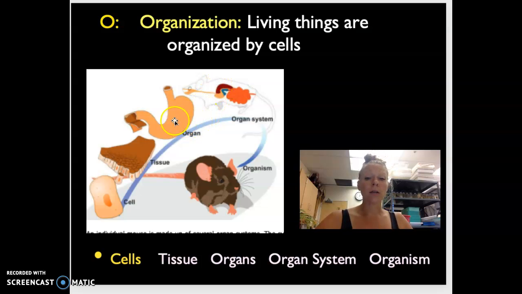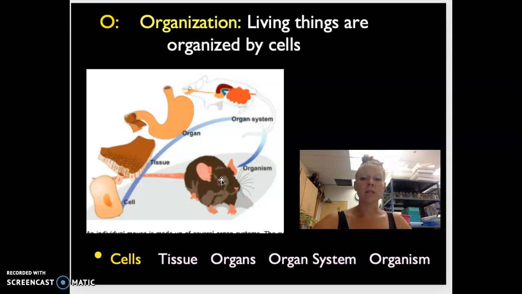The organ, the stomach, is going to work with the small intestines, large intestines, and your esophagus, where the food goes down. It's all going to work together to digest that food as a digestive system. And you have many different types of systems in your body. An organism is going to have many organ systems: an endocrine system, a digestive system, a skeletal system, a cardiovascular system.